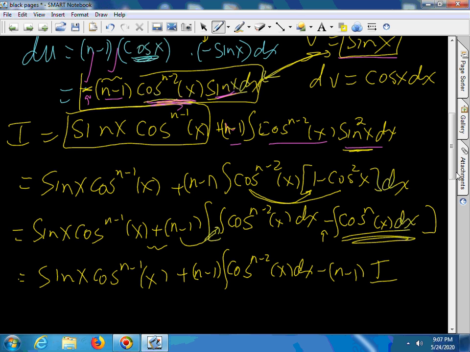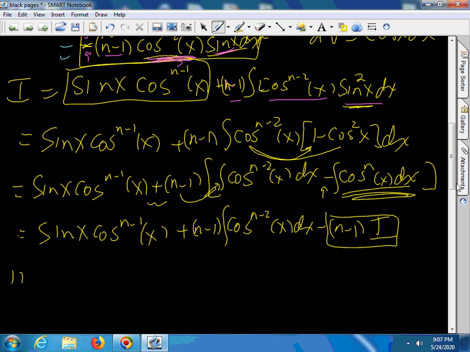That's I. So I'm going to bring this I to the other side. The left side has one I, and when I bring over the negative, it's going to become plus n minus 1 I's, and this is going to equal all of this.